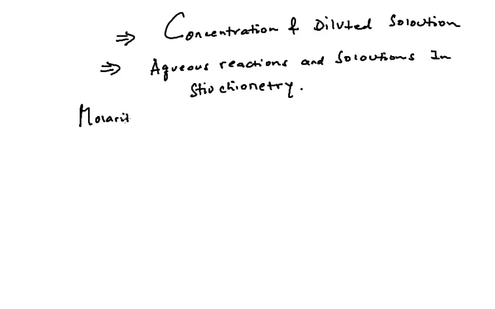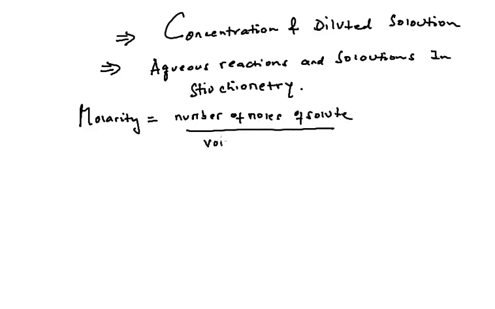If you would like to easily remember the formula for molarity, as you know, molarity is the number of moles of a solute divided by volume of a solution. And we always use an abbreviation for the number of moles.